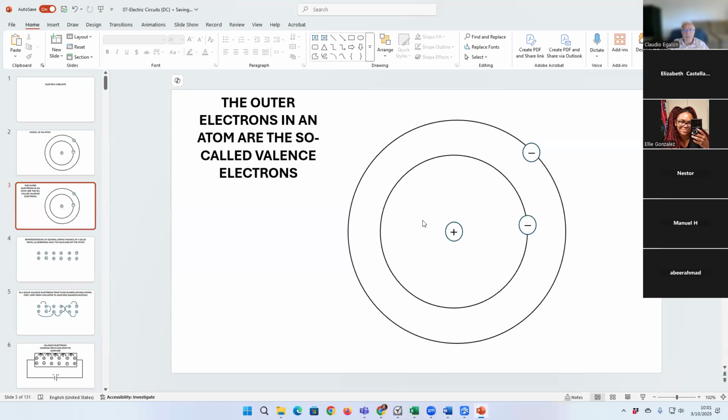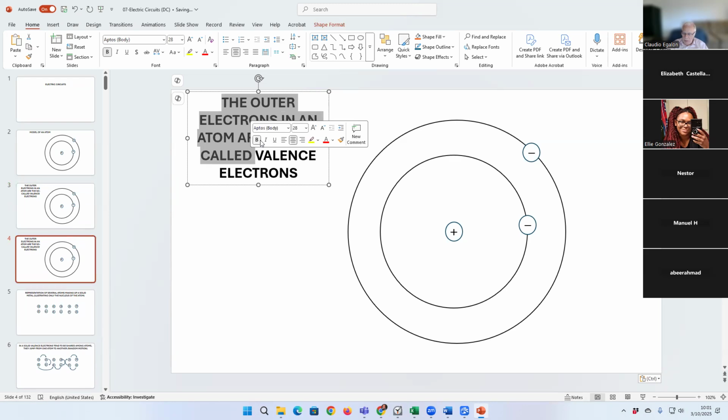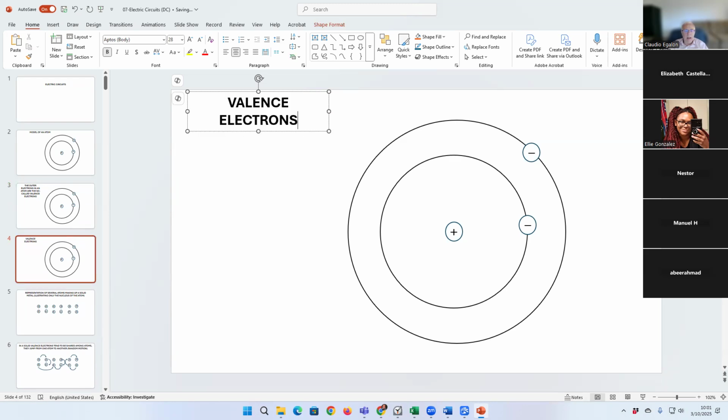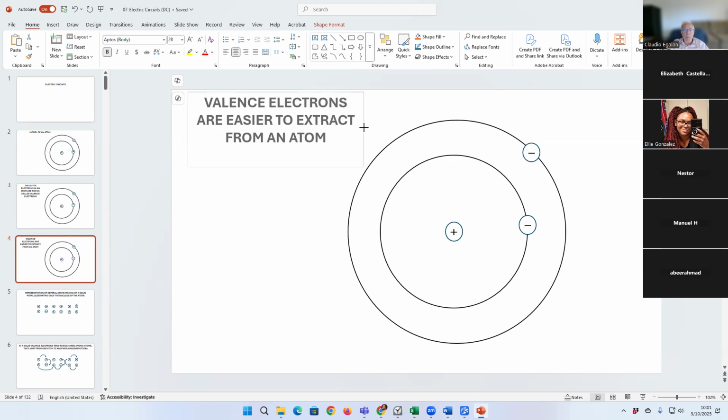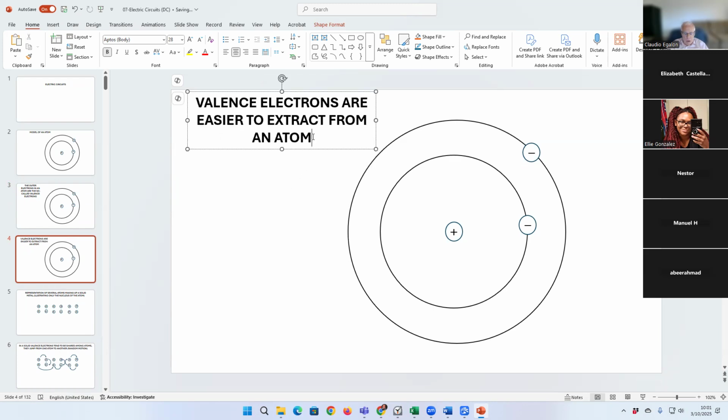And they are very important, those valence electrons. Valence electrons are easier to extract from an atom because they are not so tightly bound.